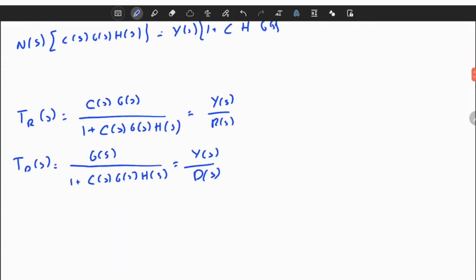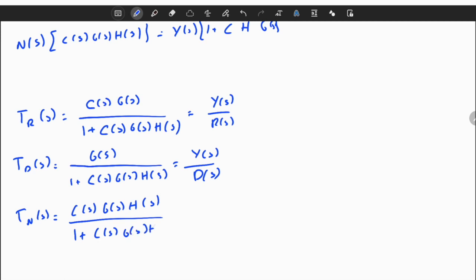So let's write the transfer function. T n of s is equal to c of s, g of s, h of s divided by 1 plus c of s, g of s, h of s. That's Y of s divided by n of s.